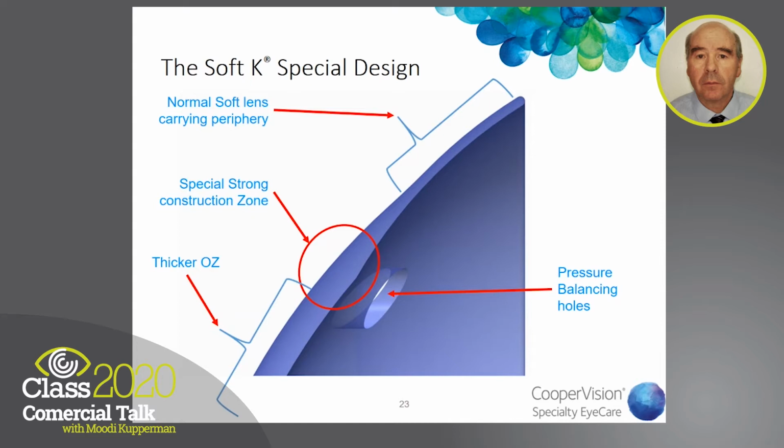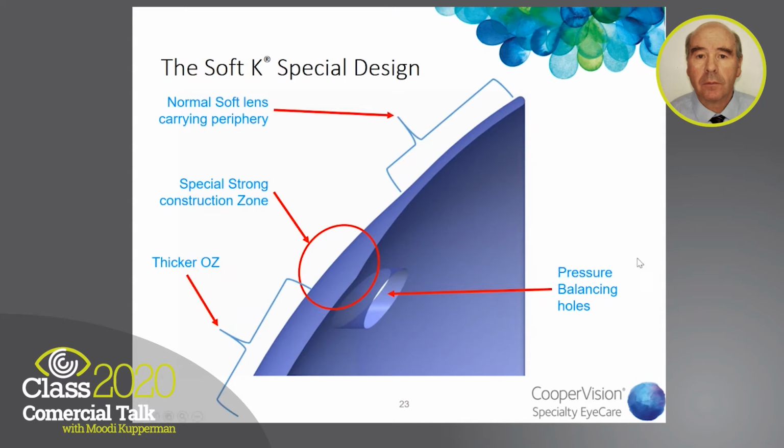So this is the idea of the mechanical aid that we have done in this area, and all the other optic zone is a thicker optic zone in order to cover the high order aberrations of the cornea.